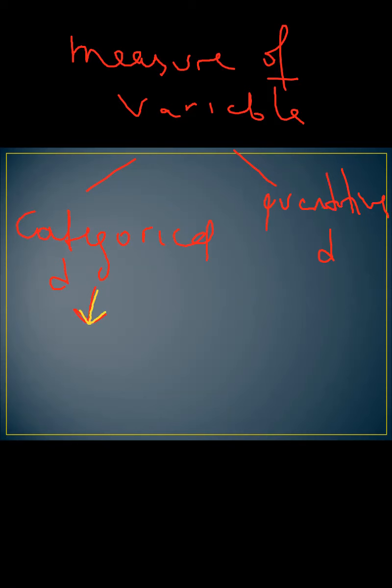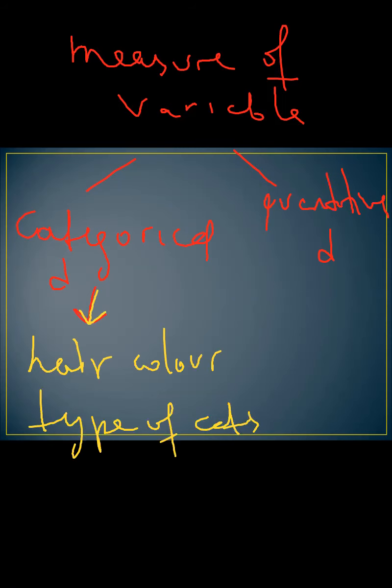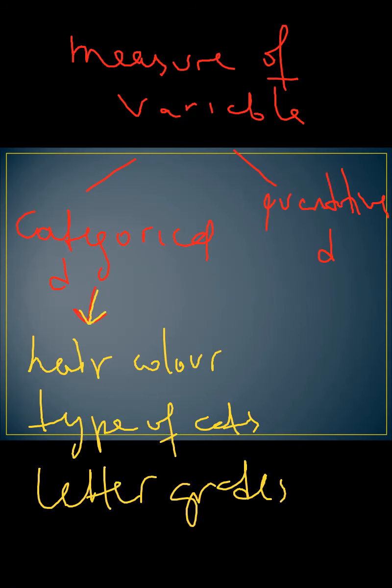Examples: hair color, type of cats, letter grades. And quantitative data measures in numbers.